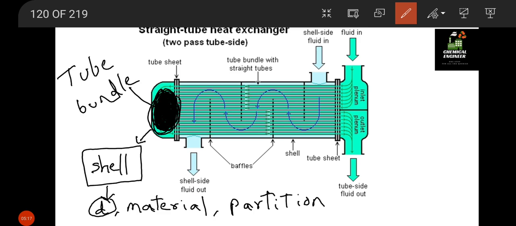Apart from the tube bundle, we will have some space here and here, on both sides.